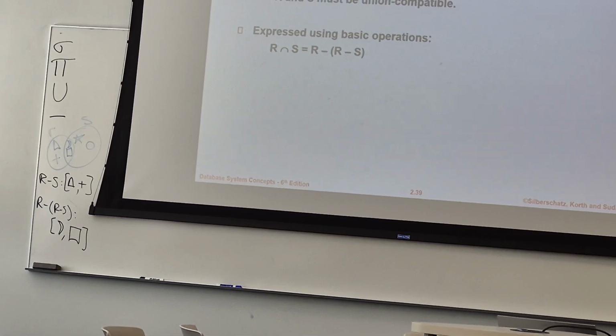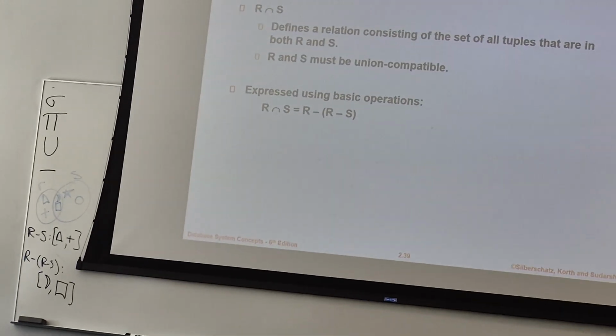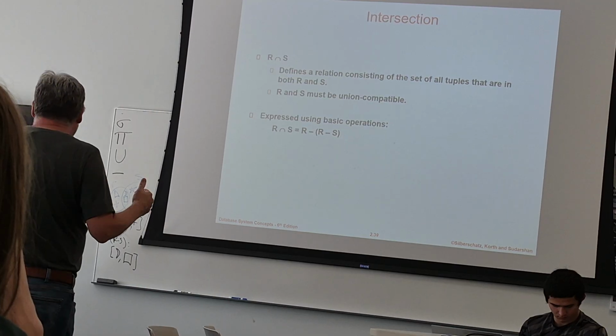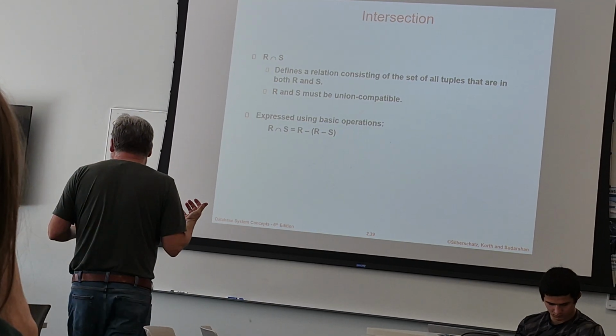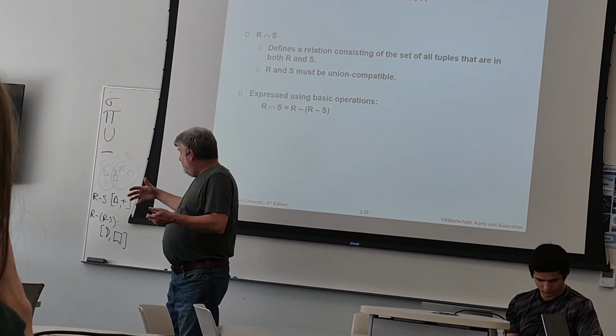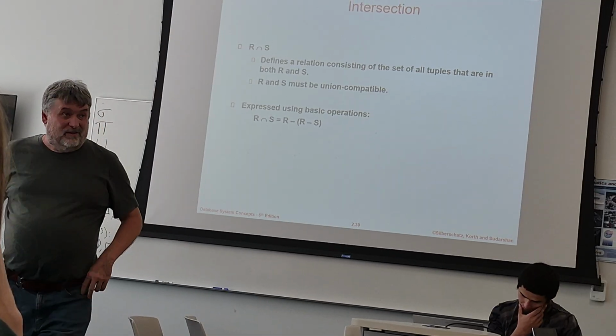It returns only those values that are in common between R and S, only by using set difference. And that's probably the cheapest, least troublesome, least expensive way of getting those values, just using two set differences, one after the other, one embedded within the other.